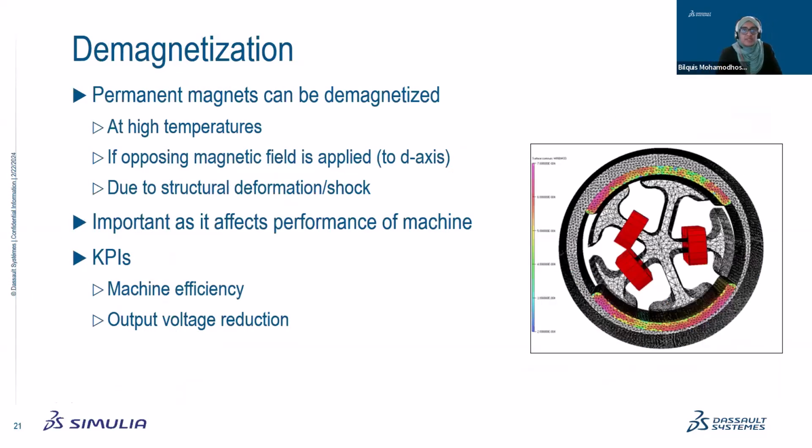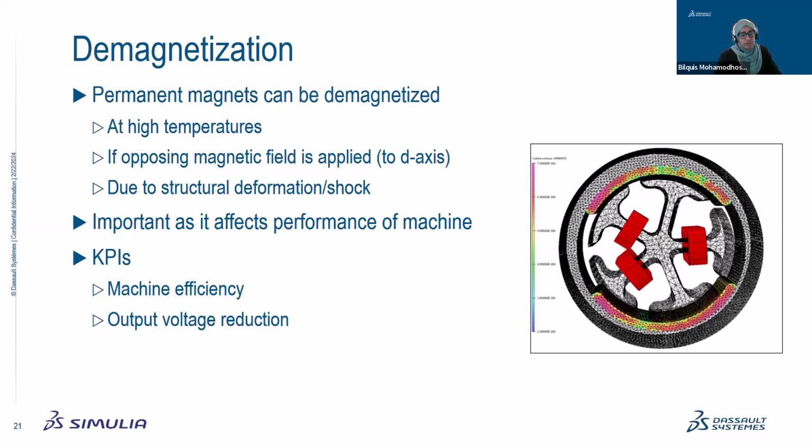So another important aspect when simulating electrical machines is demagnetization. That is mainly when you have permanent magnets in your machine that can be demagnetized. There are many reasons why that can happen. The main reason would be high temperatures, but also if you have a field opposing the magnetization direction of your permanent magnet, that can occur as well.